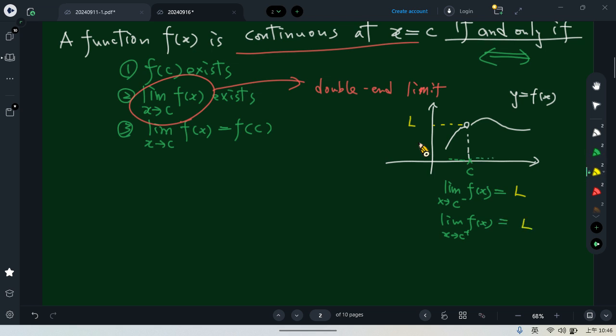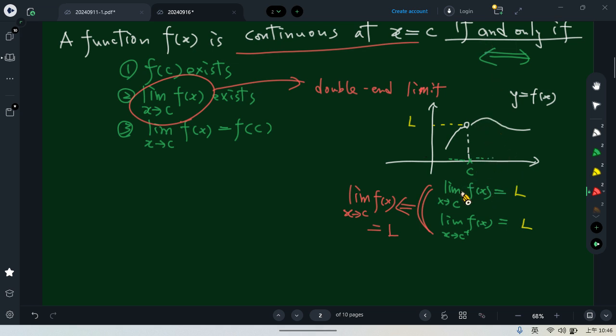So based on these two facts, we can conclude that the limit as x approaches C of f of x is L, right?